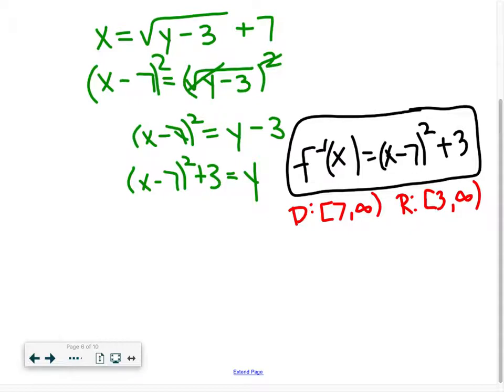Just be very careful that you think about what you're taking the inverse of. If it's a square root, you're only getting half of a parabola. So that needs to be reflected in your domain and range.